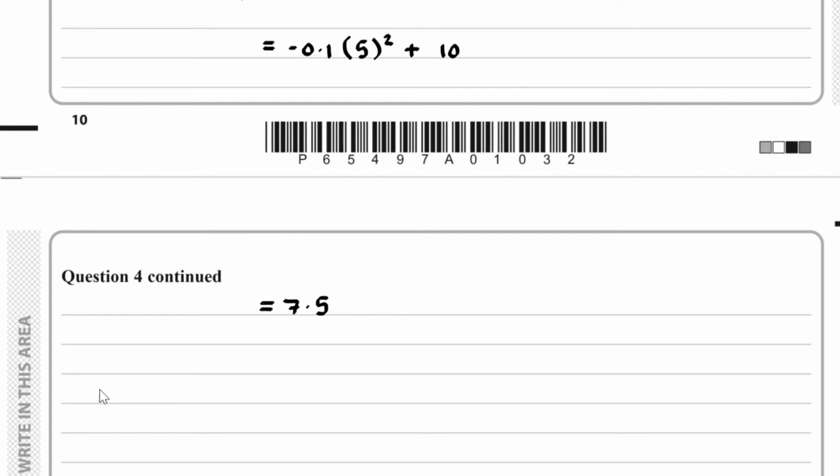And now what we can do is find out what v2 is. That is when t2 is equal to 1.